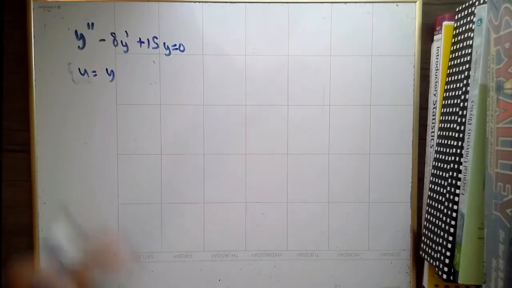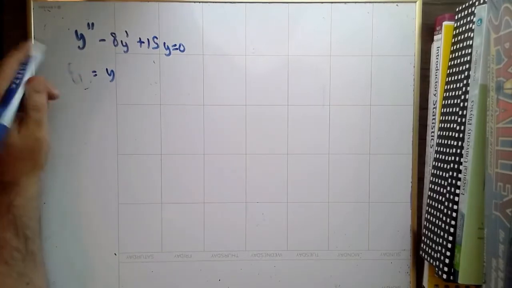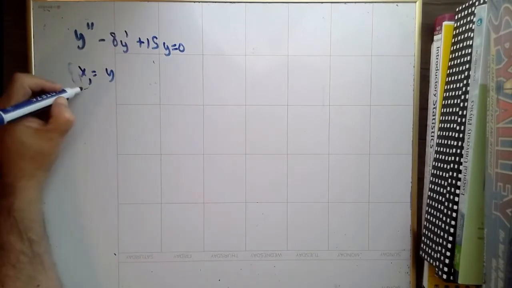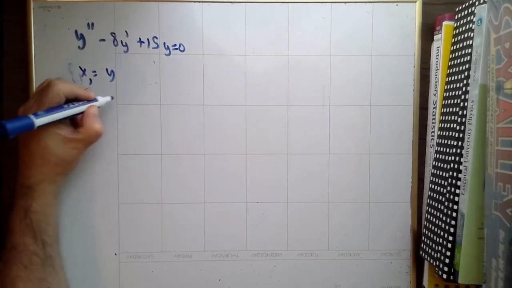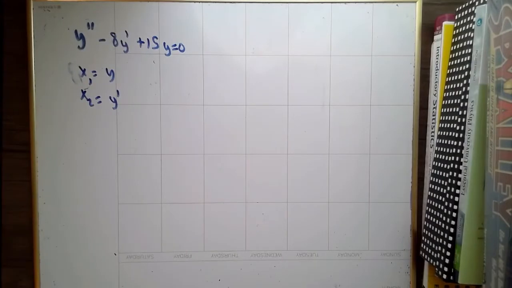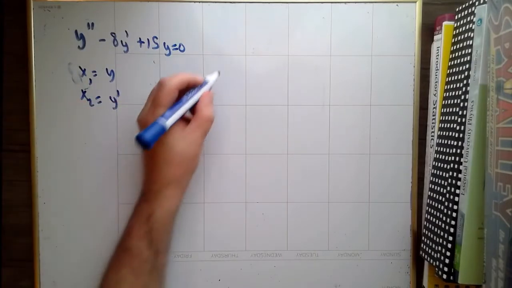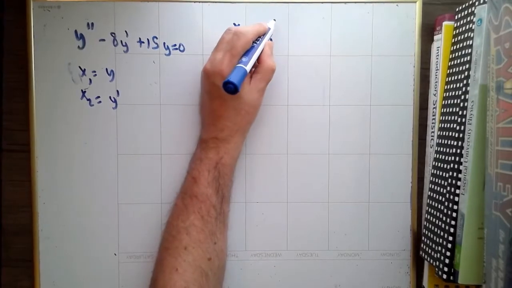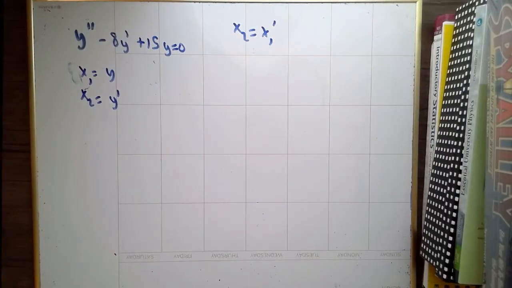Now we could call that, we'll be doing this later, so maybe we'll call this x1 equals y, and then we'll call x2 equals y prime. So notice, by the way, that x2 is x1 prime, or x1 prime equals x2. That will be one of our equations.